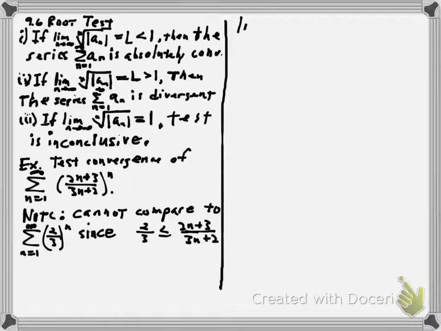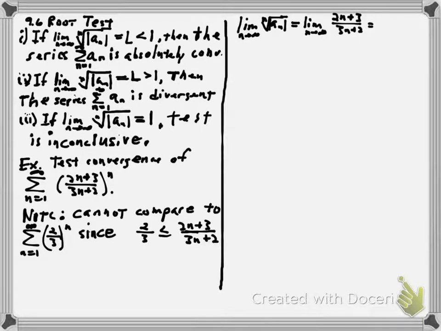So we consider the limit of the nth root of this expression, of course in absolute value, which doesn't really matter in this case, as everything in the parentheses is always going to be positive. So that nth root cancels out the power raised to the n, so we're just looking at the limit as n goes to infinity of (2n plus 3) divided by (3n plus 2).